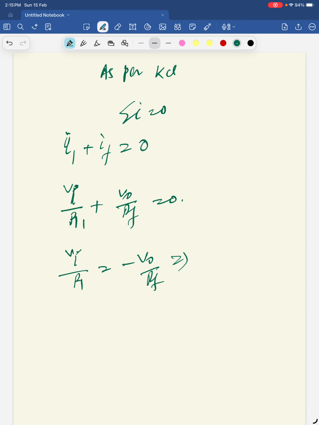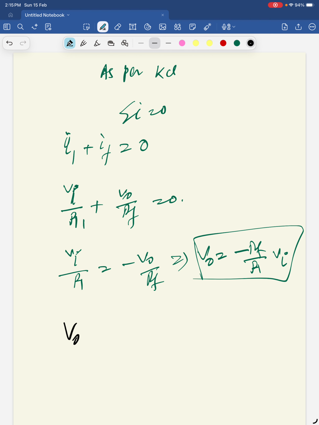From that we find the output voltage V0, that is minus RF by R1 into Vi. This is the most important formula. So V0 by Vi, the gain for the inverting amplifier, is minus RF by R1.